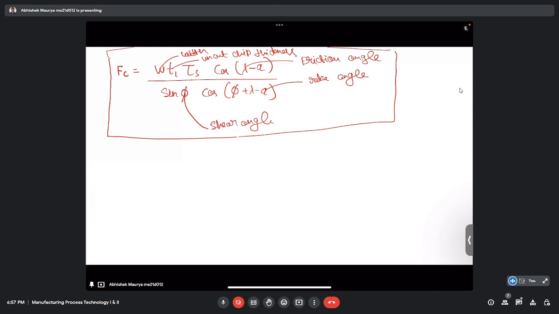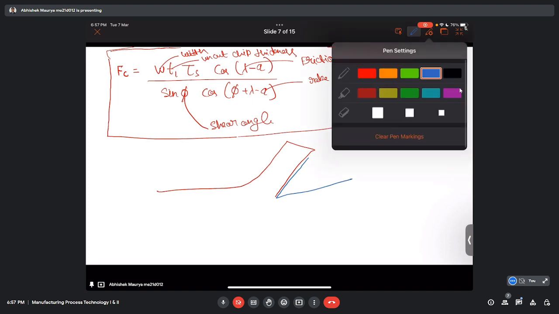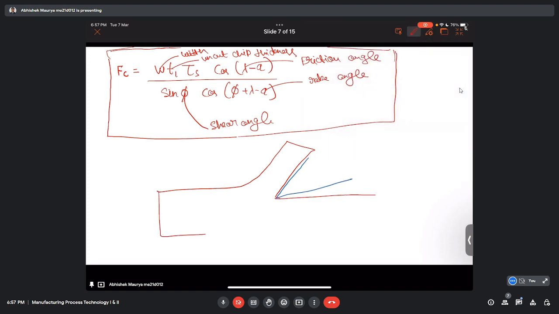Okay, so again we will draw the diagram and try to see whether the cutting force has some relation with the brittleness or ductile nature of the material. Here we have the tool, this is the chip, this is the workpiece.